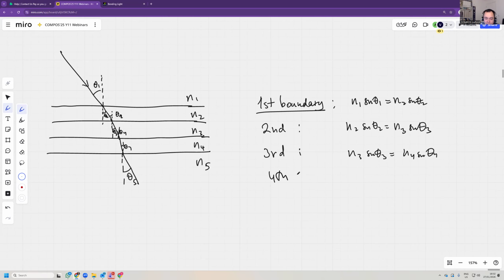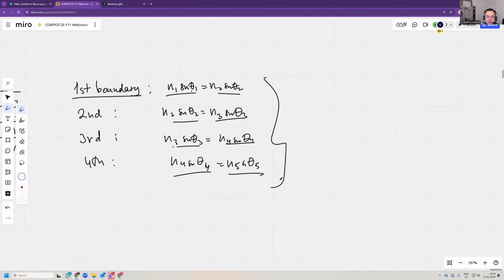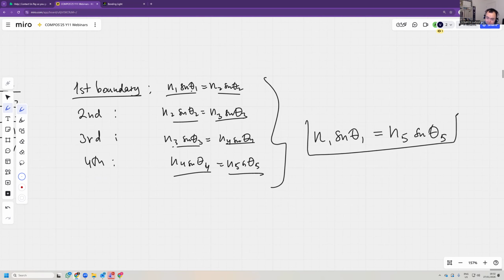And for the fourth boundary, N4 sine theta 4 equals N5 sine theta 5. And you can see that each is equal to the next. So effectively, we have that N1 sine theta 1 equals N5 sine theta 5.